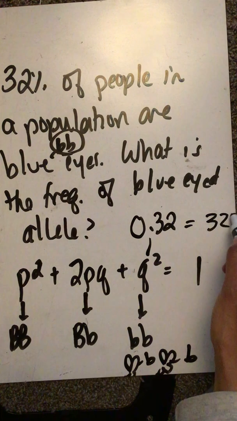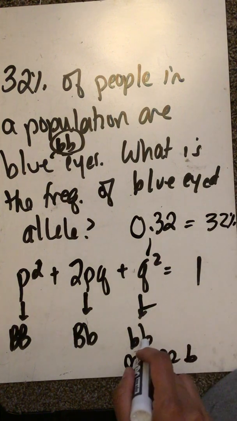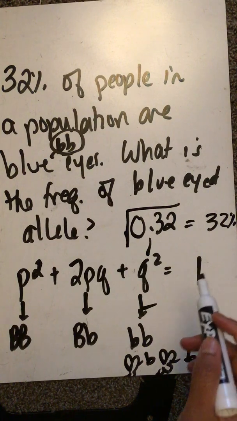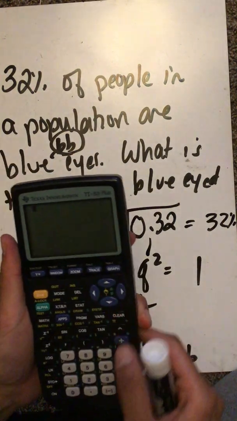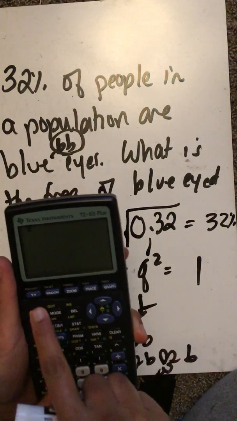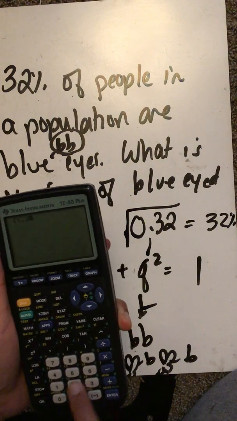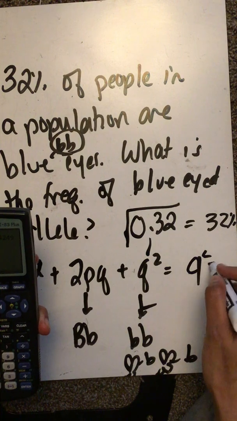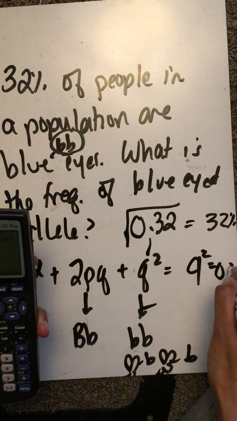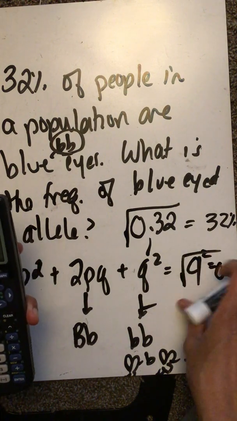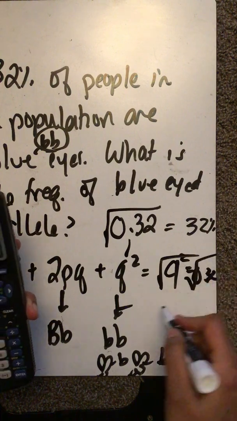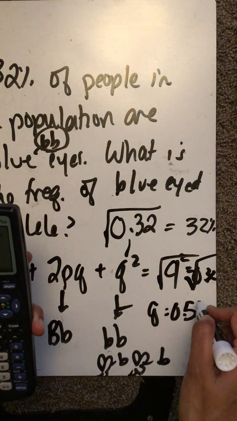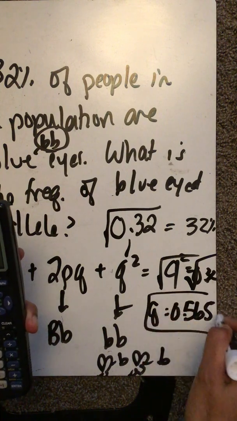32% of the population is q squared. So what you do is you square root that number. If you square root 0.32, so second function 0.32, guess what? q squared is equal to 0.32, square root it, and q is equal to 0.565.